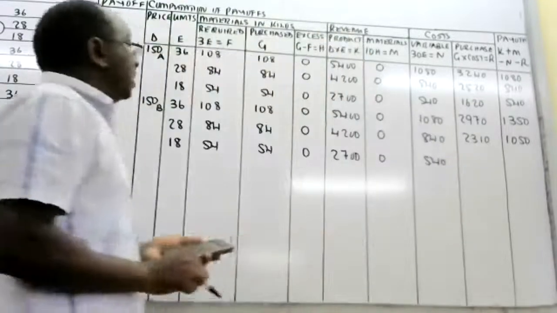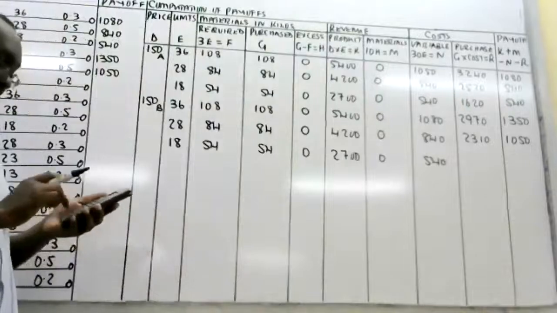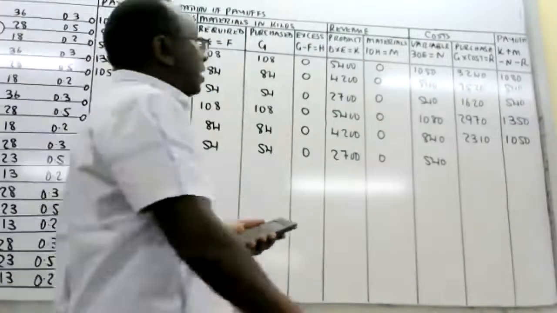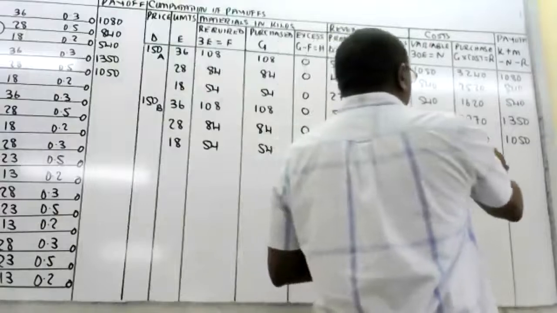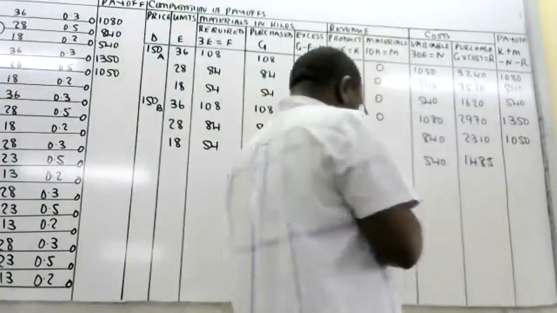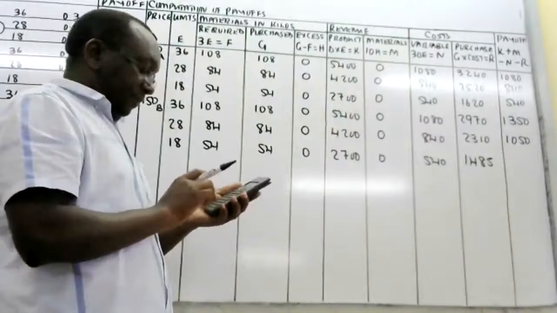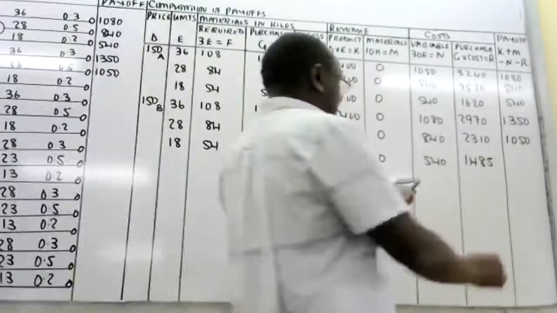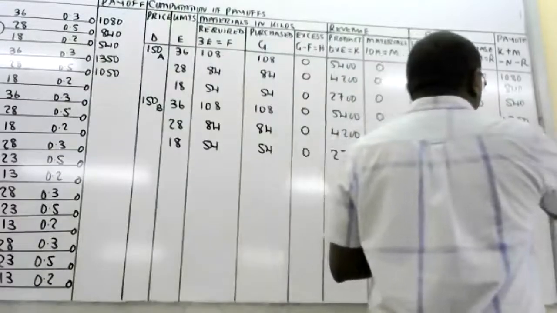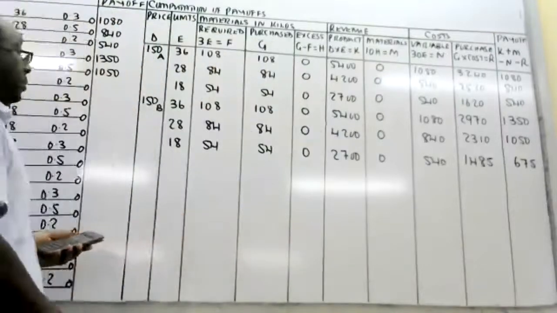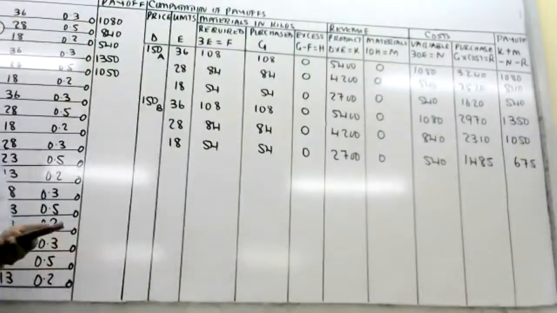But now the purchase will change to 54 times 27.5, 1485. So 2700 minus 540 minus the answer is 675. So we are through with 150B.